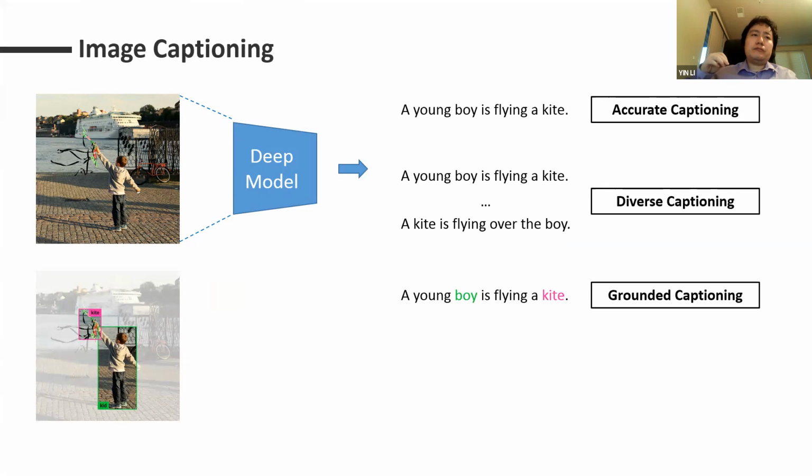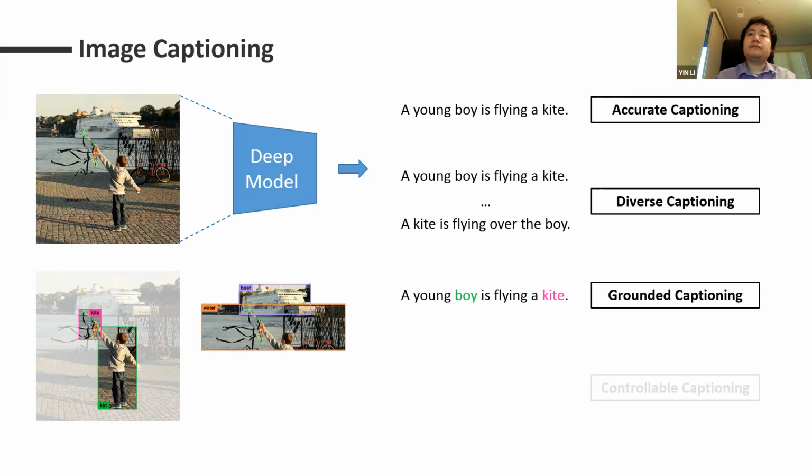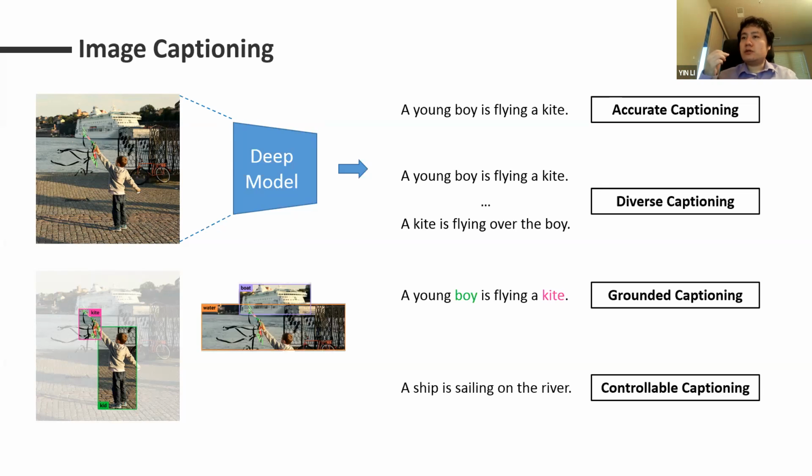And more recently, there's this trend of research that looks into grounded captioning. It means that it not only generates the sentence description, but also links the tokens of the sentence back into the image domain. And also there's this controllable captioning idea.